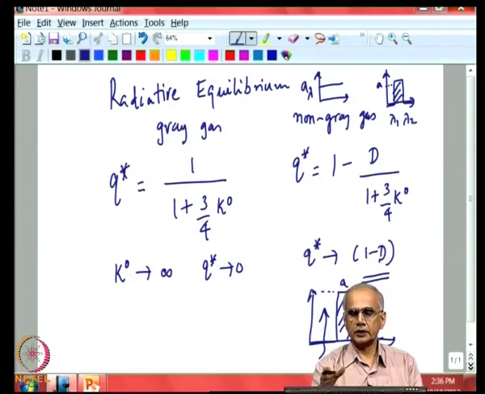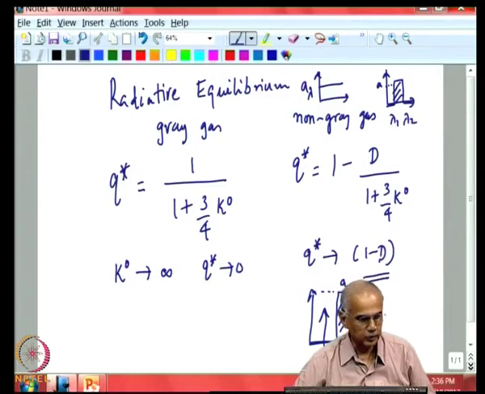One example we saw just now is that in the thick limit, a gray gas will say the flux will go to 0, but in a non-gray gas the flux can be quite large, because radiation moves freely through the portion of the spectrum where the gas is not absorbing at all.